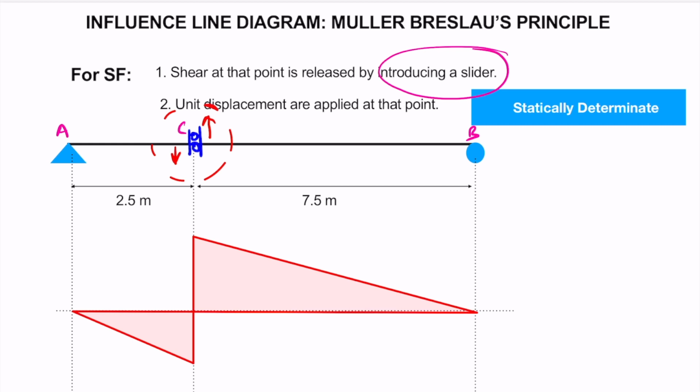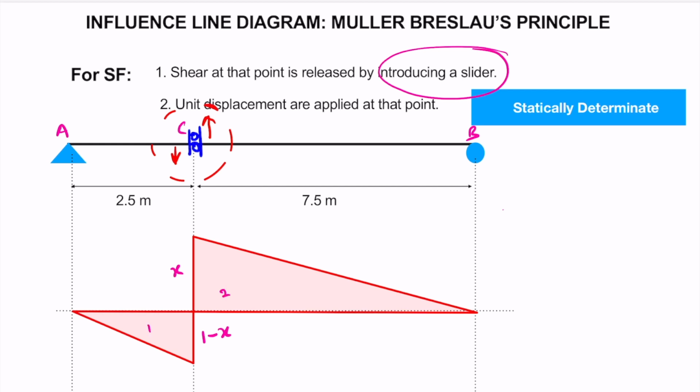Since the total displacement has to be 1, let's say it is x here, so the other will be 1 minus x. We can easily find the value of x from the similarity of triangles. So we will consider triangle 1 and 2.